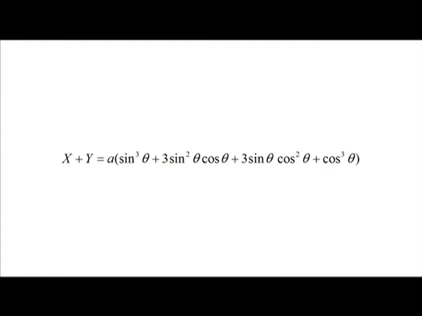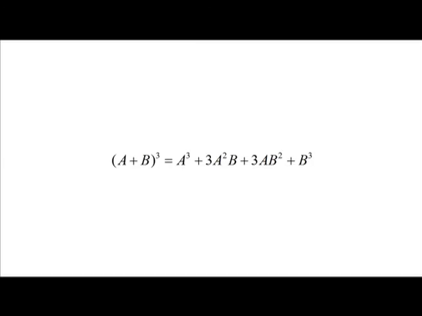That is, X + Y = a (sin³θ + 3 sin²θ cos θ + 3 sin θ cos²θ + cos³θ). Using the algebraic identity (a + b)³ = a³ + 3a²b + 3ab² + b³, the above gives X + Y = a (sin θ + cos θ)³.